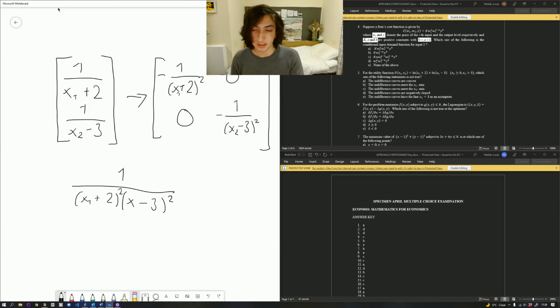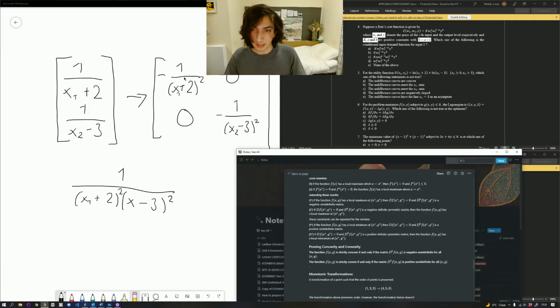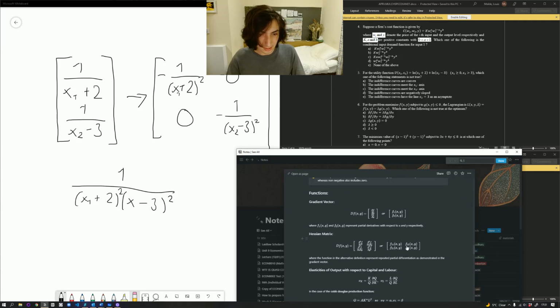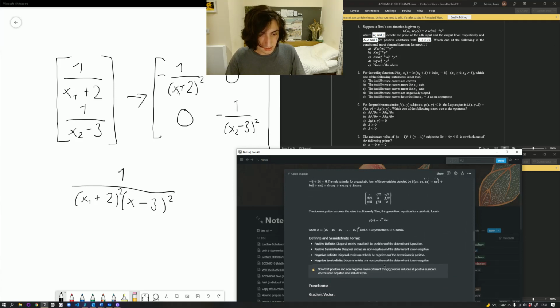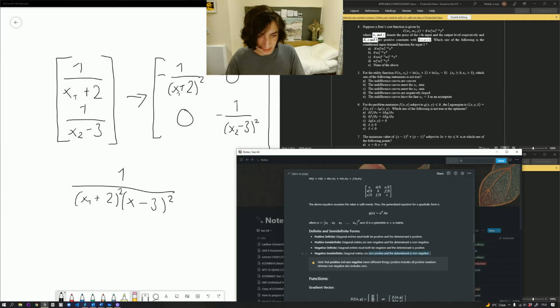And as you can see, this determinant is always going to be non-negative. So if the determinant is always non-negative and the diagonal entries are non-positive, then let's look at our guideline here. So the diagonal entries are non-positive and the determinant is non-negative. This means it is a negative semi-definite.